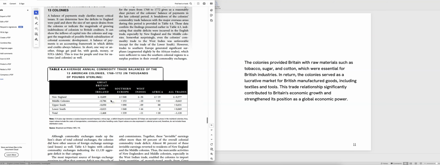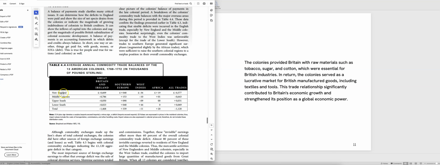Now, what we see here, right, you get a little bit of a sense here, is that again, the trade deficits are much smaller for the lower and upper South than they are for England and the middle colonies, at least in this small time period between 1768 and 1772.